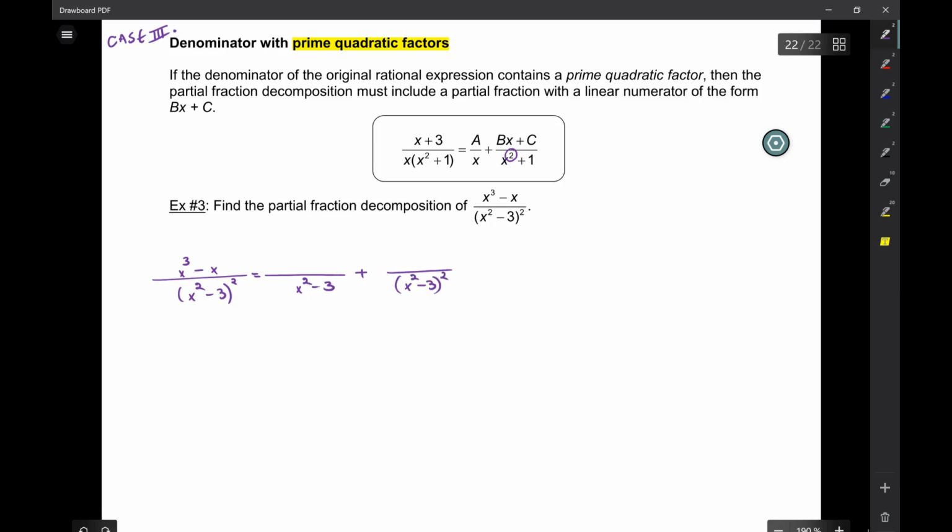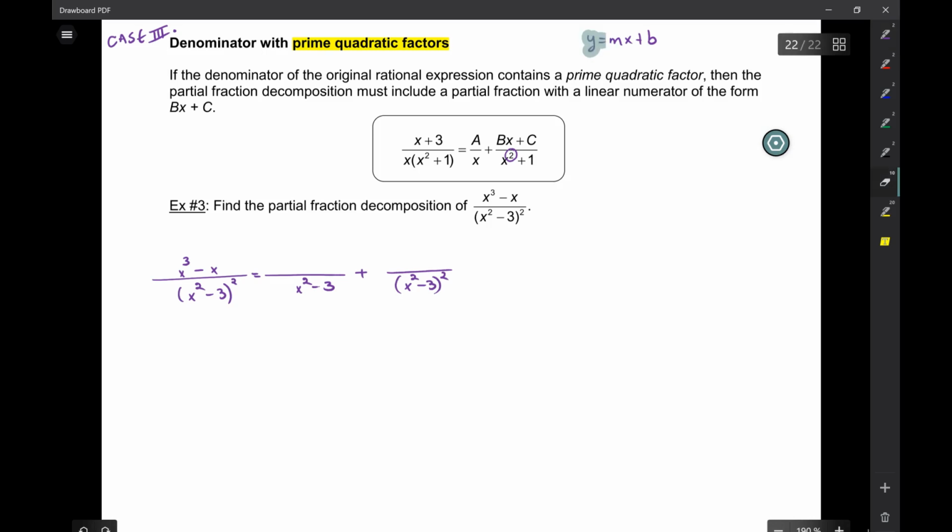Now, if this is a quadratic factor on the bottom, the top has to be some sort of linear expression. When we talk about linear expressions, you always think of y equals mx plus b. That's the generic form of a linear equation. What does mx plus b look like?